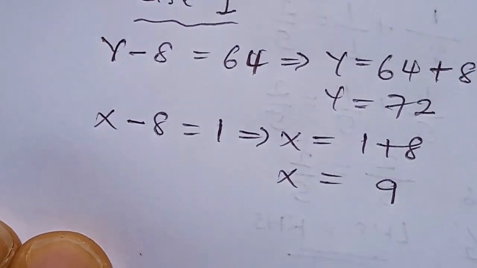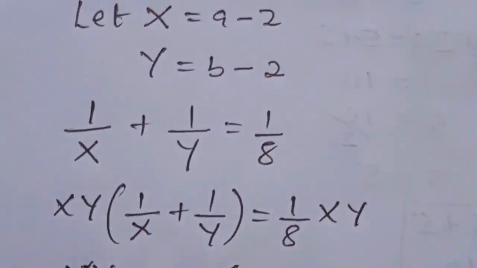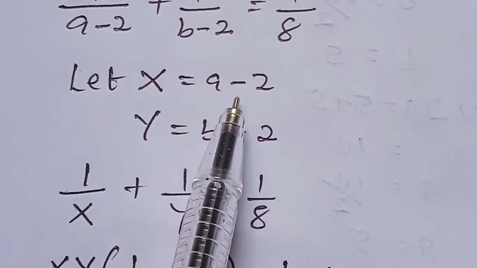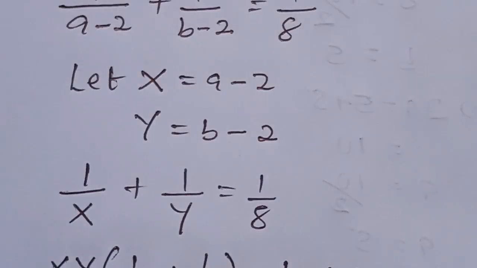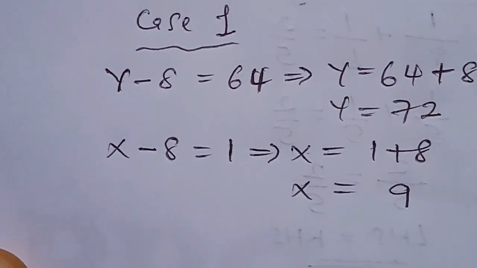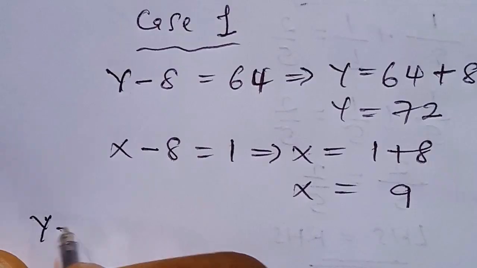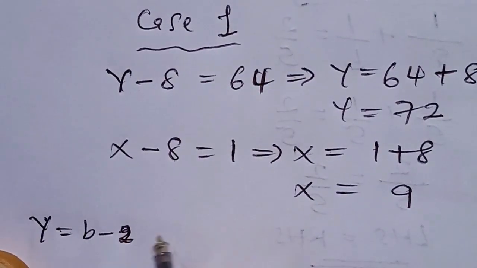So recall earlier that we said let x equal to a minus 2 and y equal to b minus 2. So we substitute that in our next step. So now we have y equal to b minus 2.